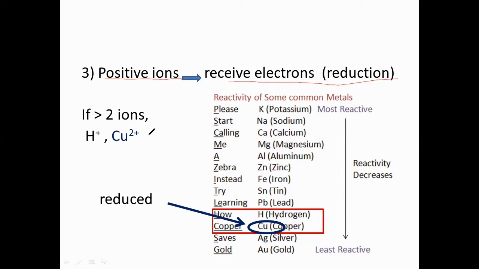If there are more than two positive ions in the liquid, the ion which is situated lower in the activity series gets reduced first. For example, when we take hydrogen ions and copper ions, copper is situated below hydrogen, so the copper gets reduced first.